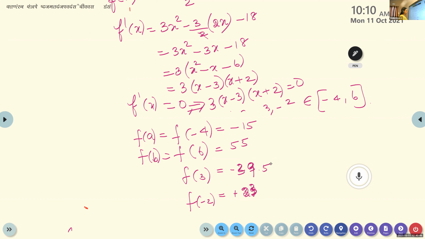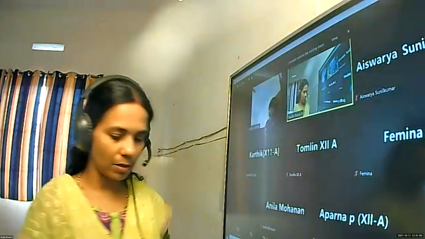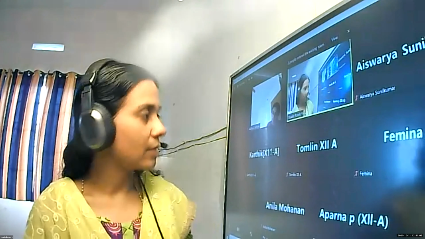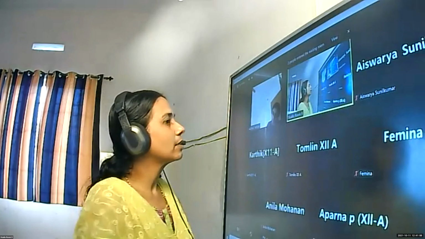So the maximum among these, which is the maximum? 55 is the maximum, and the least among these will give the absolute minimum. So the maximum occurs when x is equal to 6 and the minimum occurs when x is equal to 3.